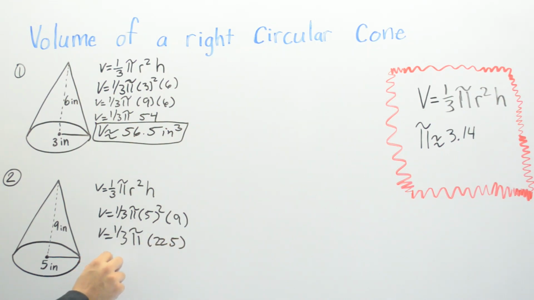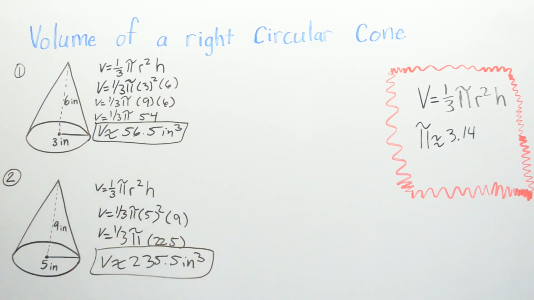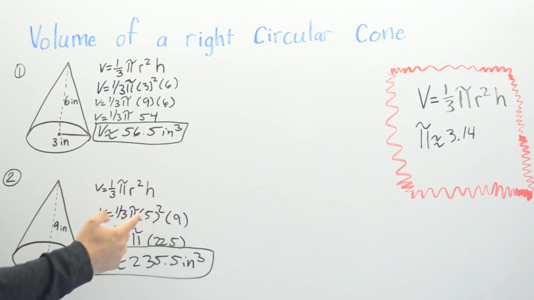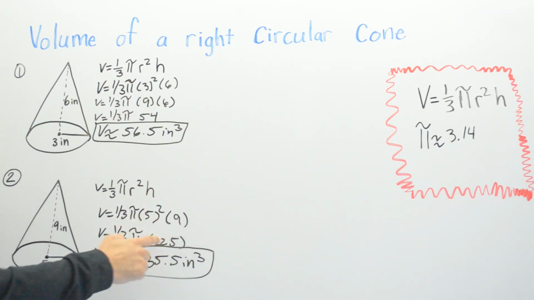Then I'm going to multiply this to find our answer, and my answer is going to be 235.5 inches cubed. Once again, if you still need help, go back to example 1 so you can see how I did it step by step, where I didn't skip any steps. On this one, you see it differently because I skipped some steps. I went right away from 5 times 5 is 25, and then 25 times 9.